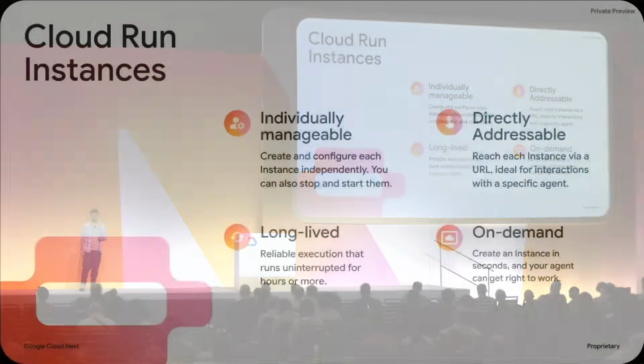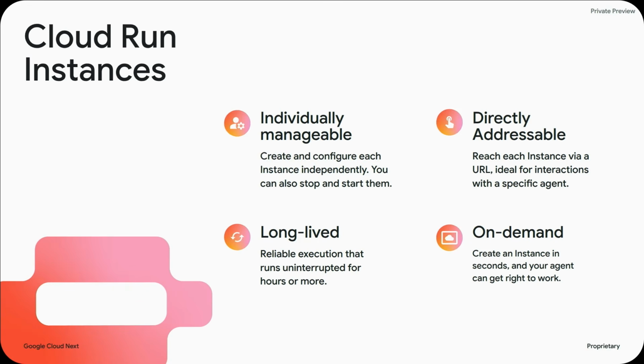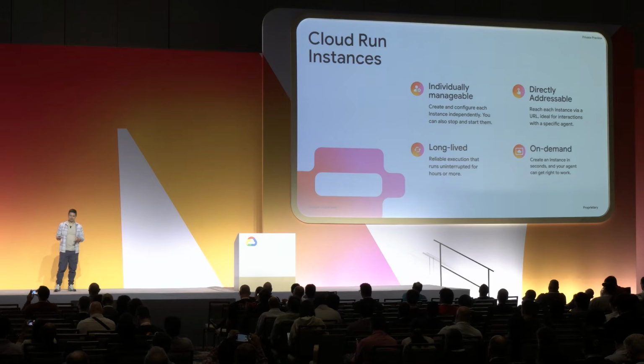So first, Cloud Run instances are individually addressable. That means you create, update, and delete each instance independently. You can also stop and restart your instance as needed. Second, these instances are long-lived. Similar to Cloud Run jobs, they provide reliable execution that runs uninterrupted for hours or days.